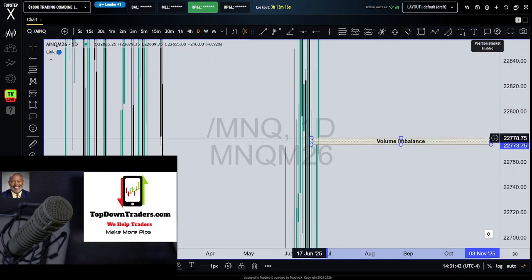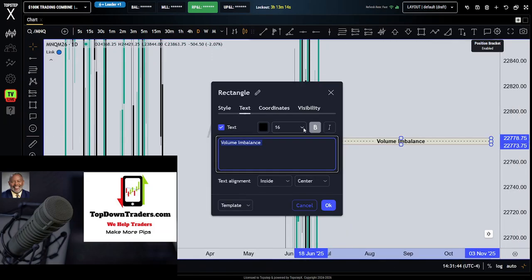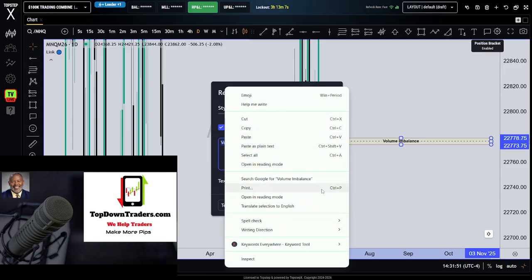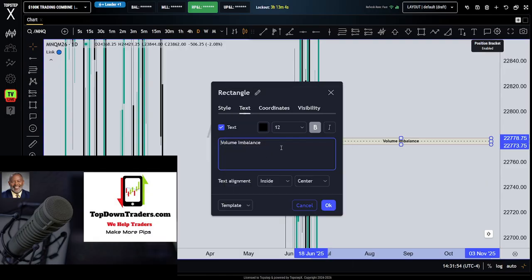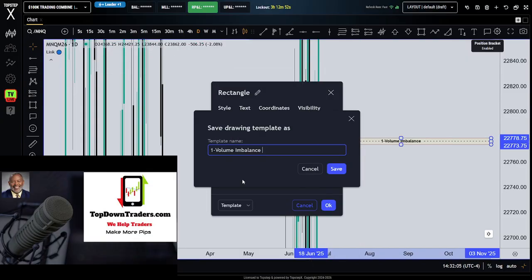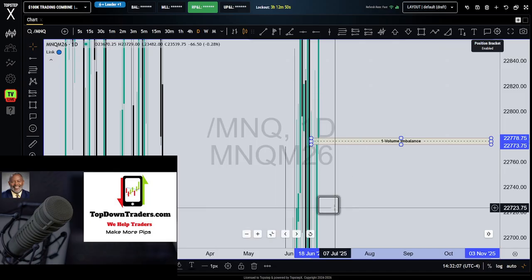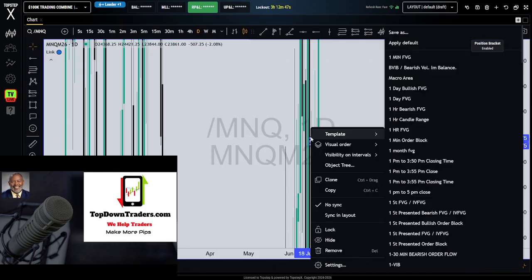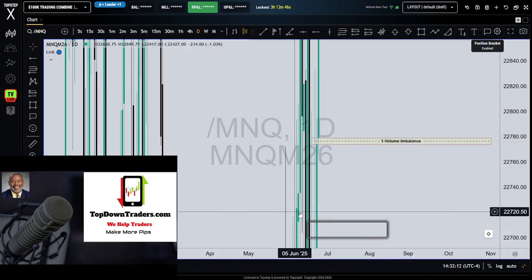So what that means is I have to change the font size to 12, and then I'm going to change the name to 1 dash. I'm going to save it as 1 dash. You know, in this platform, it's nice to make templates, but you really don't have to. In fact, you can have so many templates in there. Sometimes it's just easier to create it right there on the fly and don't even worry about it as long as you know what you're identifying.